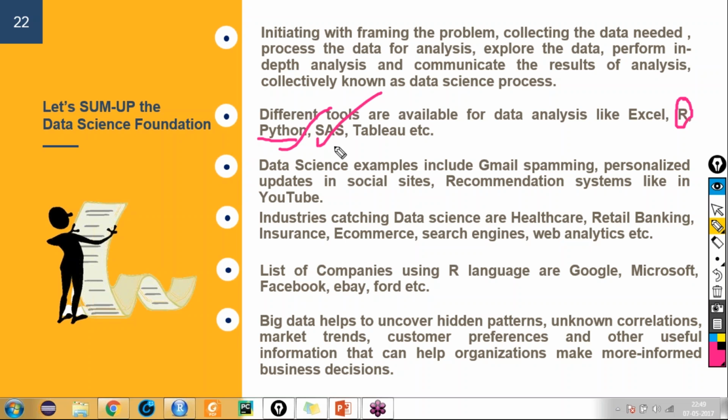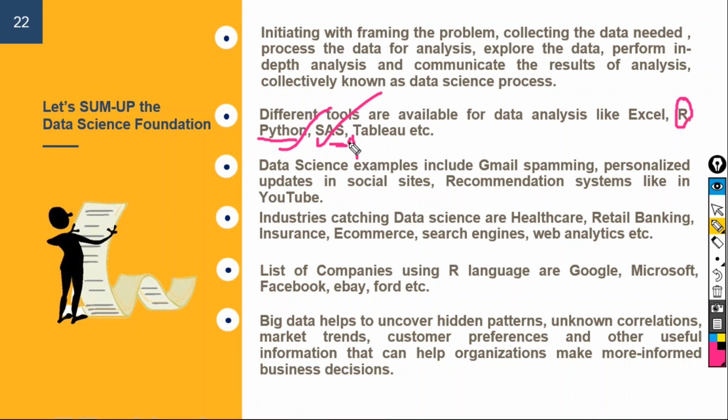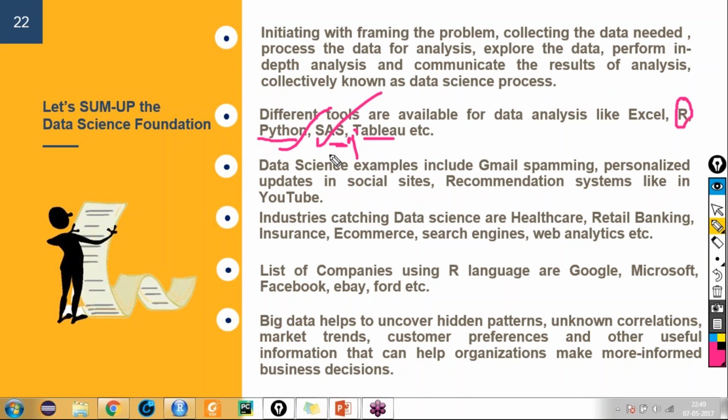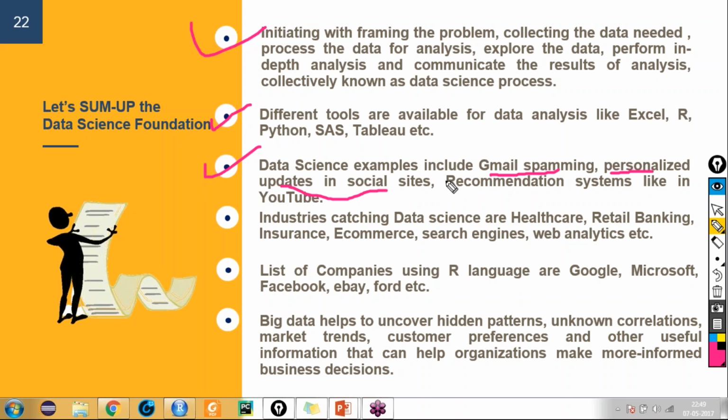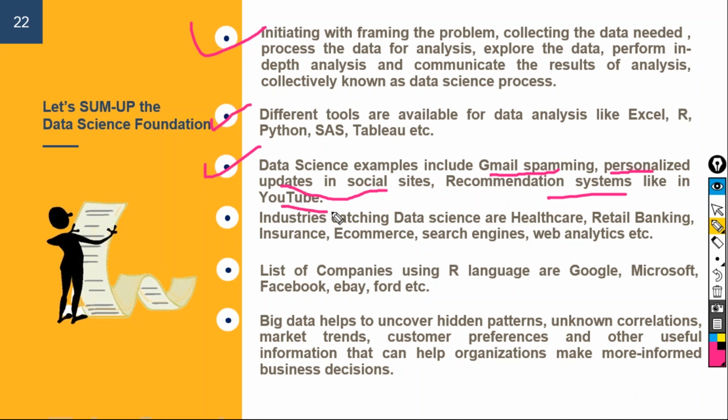SAS base is open source, but again the advanced version of it is commercial, right? And then we have Tableau. Fine. Okay, so this we have covered. Next we have data science examples, which include Gmail spamming, which we have covered, then personalized updates in social sites like Facebook, Twitter, Netflix, then the recommendation system in YouTube, right?